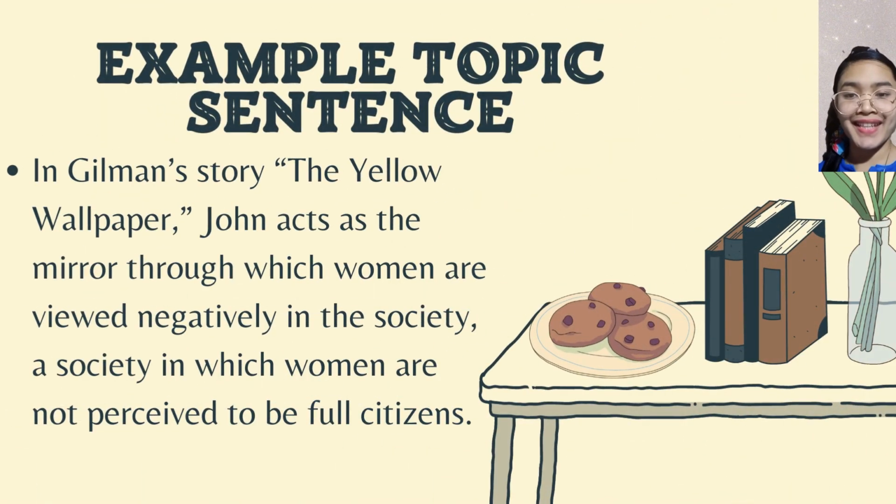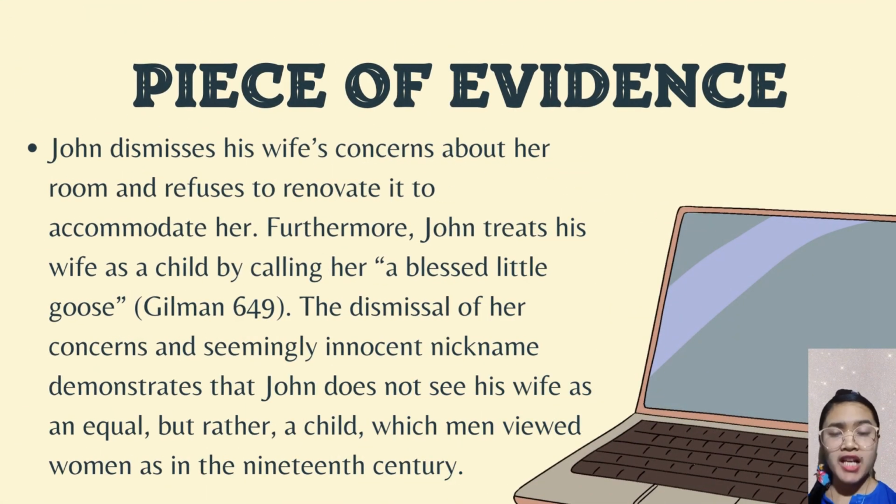Here is an example of a topic sentence. In Gilman's story, The Yellow Wallpaper, John acts as the mirror through which women are viewed negatively in the society, a society in which women are not perceived to be full citizens. Here is an example of a piece of evidence.